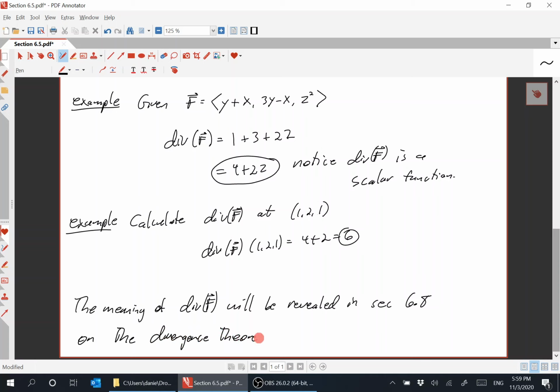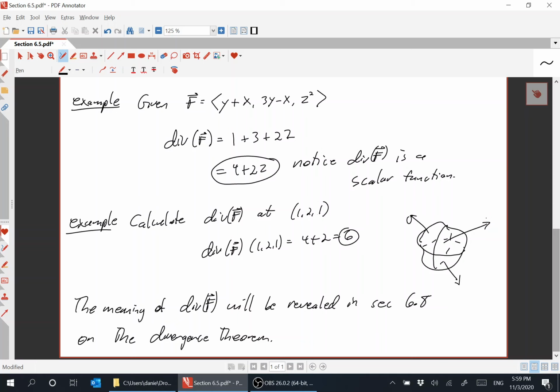In some sense, what does it mean? Given a region, like a closed sort of globular region in three-dimensional space, how much of the vector field is flowing out of that closed space, right? So sort of flowing out from nothing. So how much production of energy is coming out of that closed space?